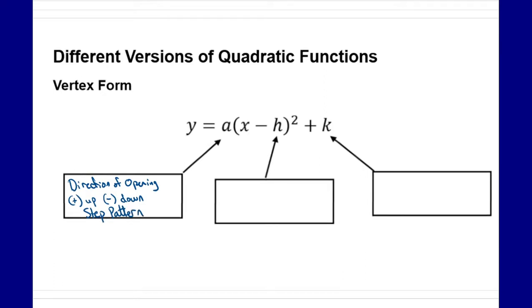The h value is the opposite sign of what we see. And it tells us the x value of the vertex.